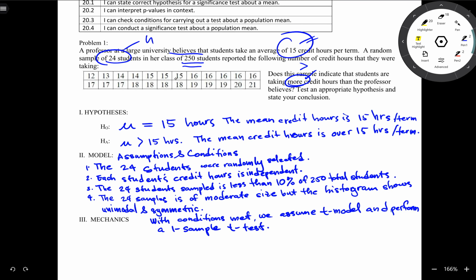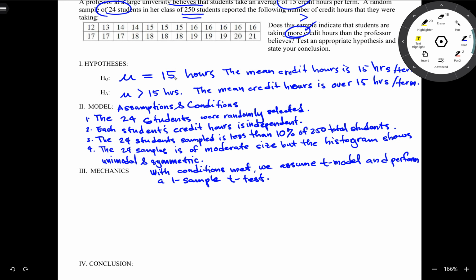Okay, T model, because if you notice, the problem doesn't give us the population standard deviation. What the problem gave us is the set of data, and from the data we got our sample standard deviation. Okay, and so we assume T model and perform a one sample T test.